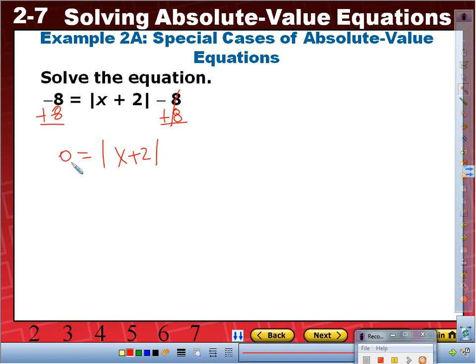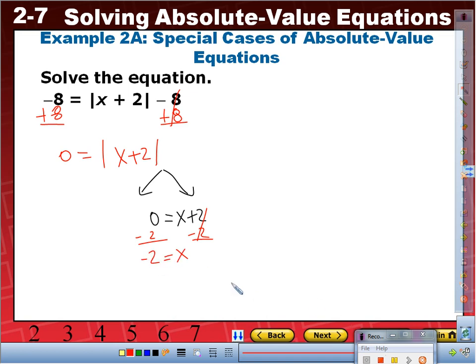So, isn't this weird that we have a 0? Let's see. Could we get a negative 0 and a positive 0? No. There's no such thing, right? So I just write one equation. 0 equals x plus 2. And let's solve it. Subtract 2, x equals negative 2.